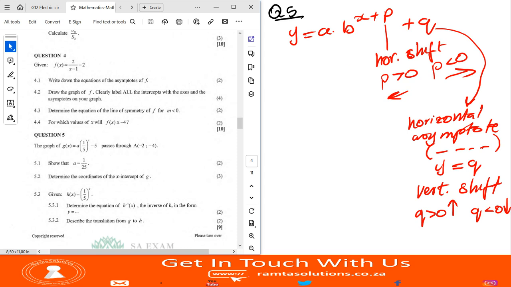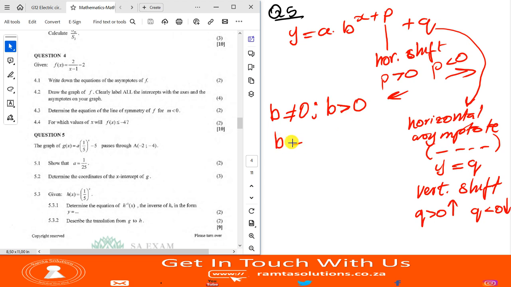Another thing that I want you to note for exponential graphs is this. b is never equal to 0. b is never less than 0. I should say b is always greater than 0.